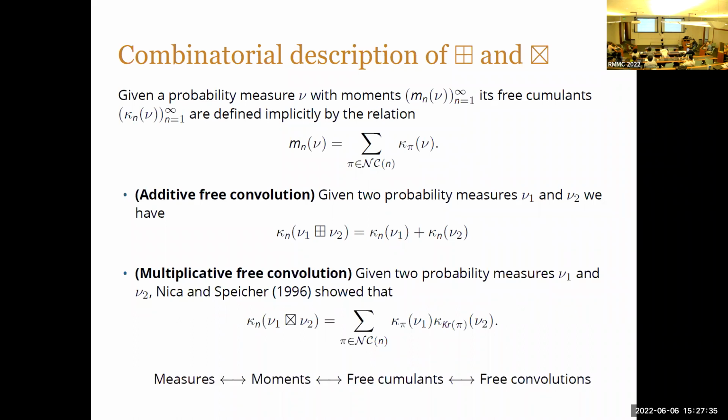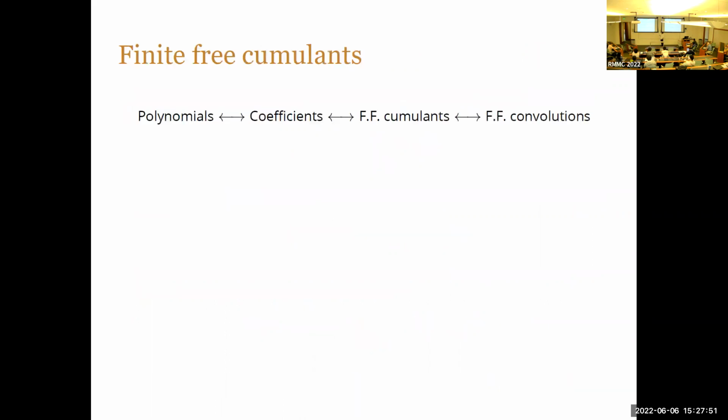And in general, the high level idea is that you have this pipeline that starts with measures. You can understand measures through their moments. Moments can be encoded in free cumulants, and then free cumulants are cooked so that you can study free convolutions. So in a similar way, in the finite free world, we care about polynomials.